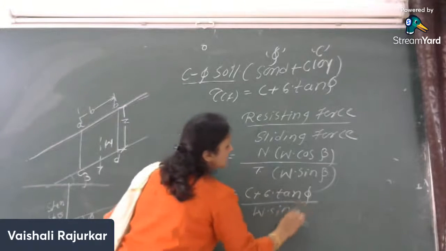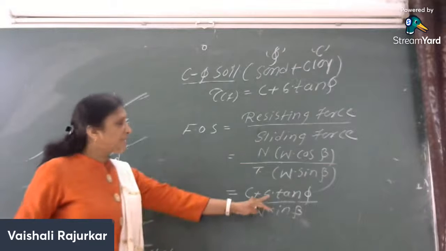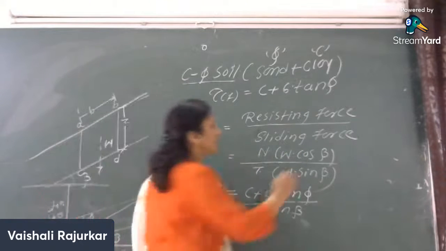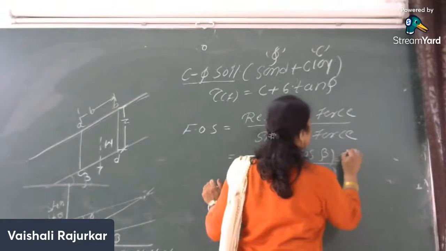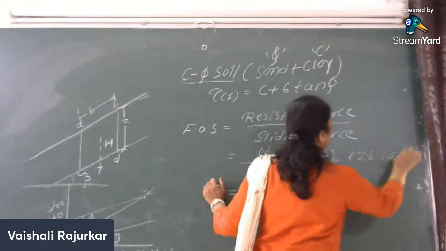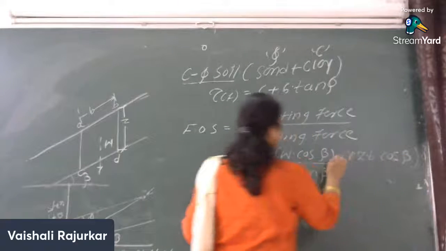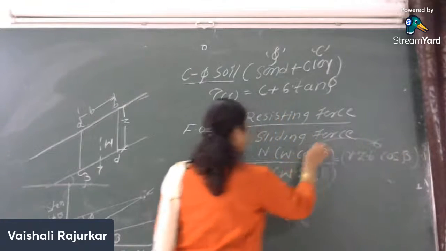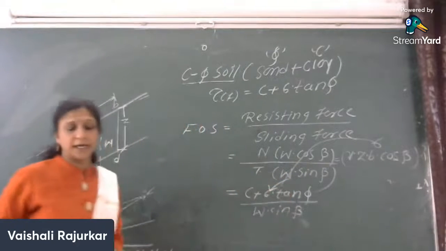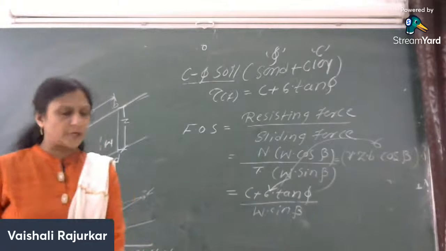Just put all the values as usual. Sigma is W cos beta, and W is gamma into Z into B, so this is the value of sigma. The sigma value we will put over here, and from this we will get the equation.